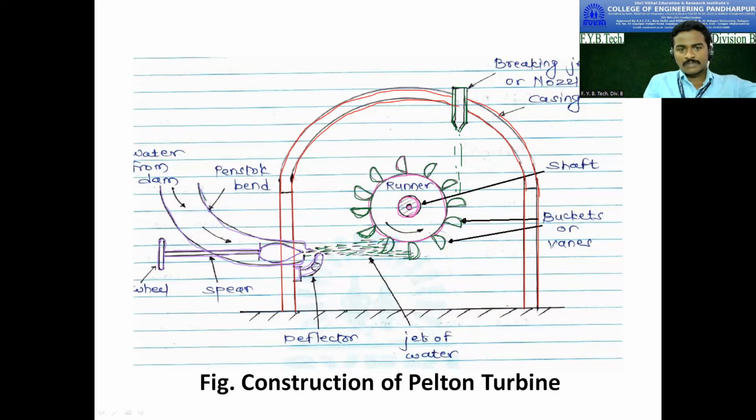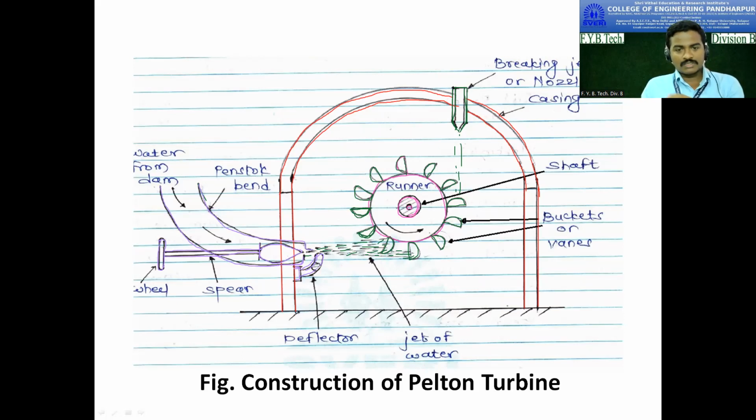When it flows through the penstock, it converts the potential energy of the water into kinetic energy, and as it moves towards the turbine, initially at the entry of the nozzle, the pressure of that water is very high. Definitely when it passes through the nozzle, the velocity of that water increases, and it forms a jet.